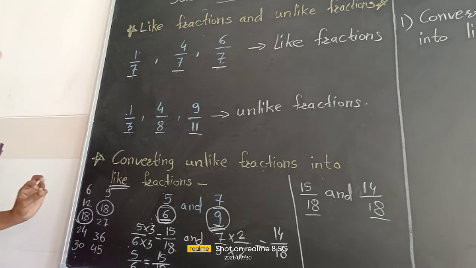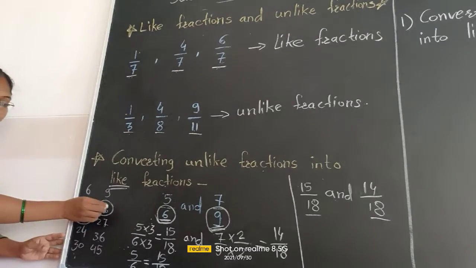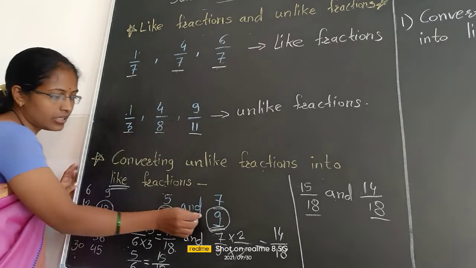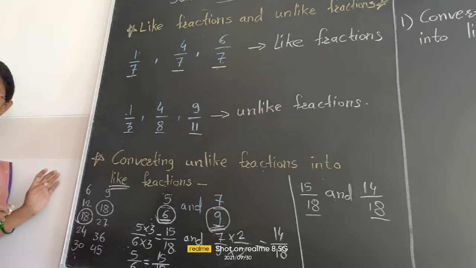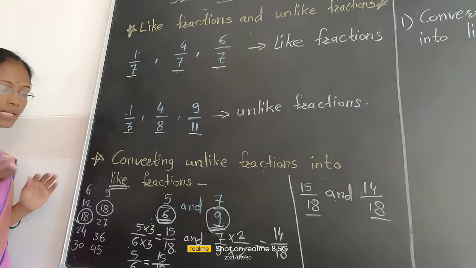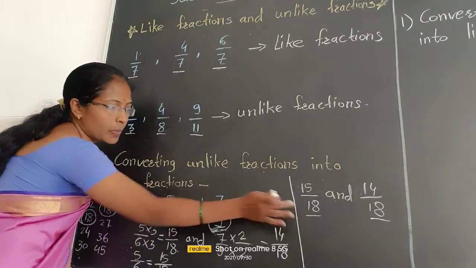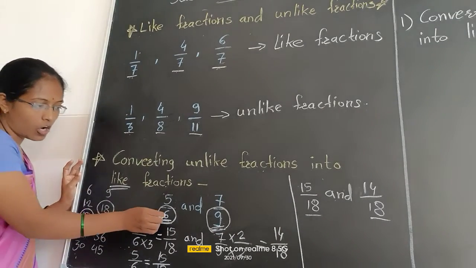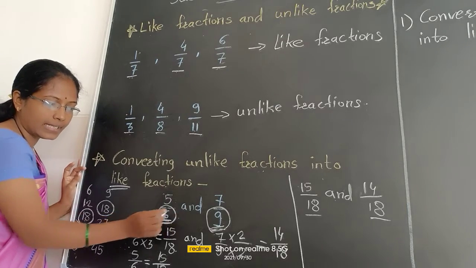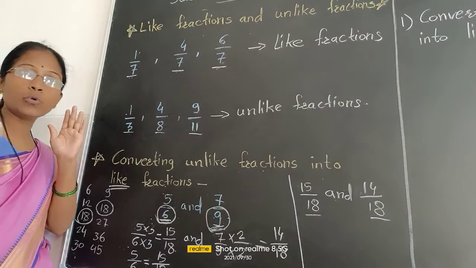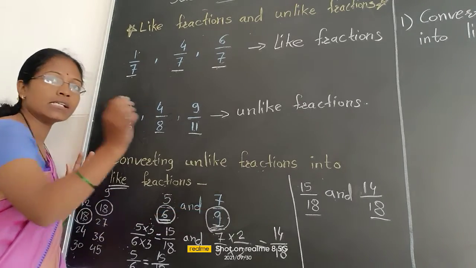Yes, because we find the common multiple from the given denominators 6 and 9. Clear? Okay. So we take the number by which we get the same denominator. Same means multiple of 6: 6 threes are 18 and 9 twos are 18. So concentrate to make the denominator the same.